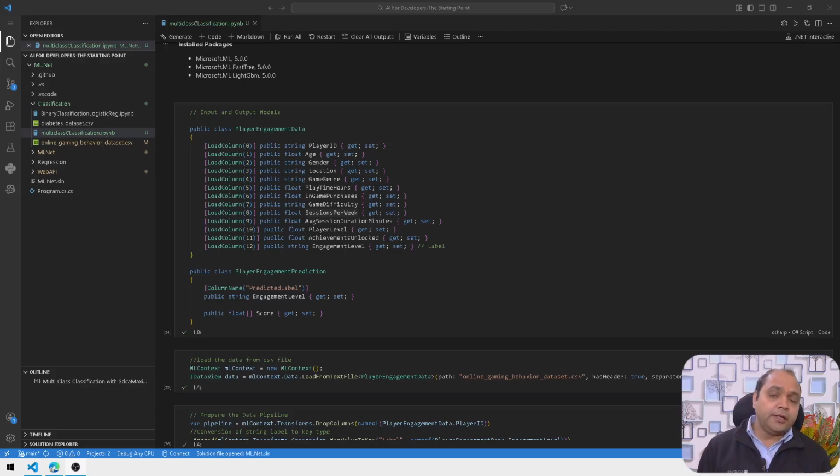In the next session, we will move to unsupervised machine learning. Till then, continue your practice in machine learning with .NET. I promise that you will definitely change your level of knowledge in the next 6 months, because as soon as you finish unsupervised machine learning, we will move to deep learning, then generative AI, and then we start building industry applications.